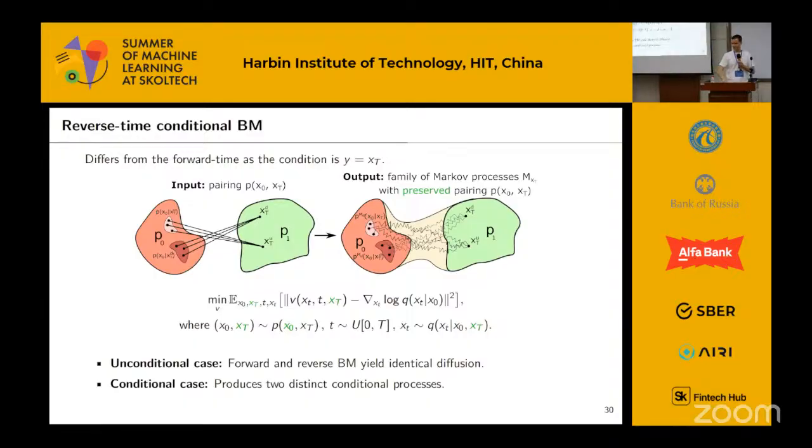Question? Yes. In real data sets, we have just pairs of elements, and our distributions boil down to delta functions. Why does it still work if we have no distribution, just one sample?